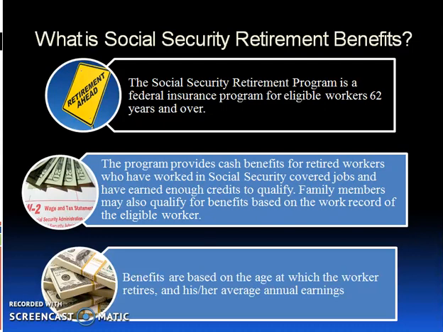Social Security benefits are increased if you delay receiving benefits until your full retirement age, which is typically 70 years old nowadays. If you are a government worker eligible for a pension benefit, the windfall elimination provision will reduce benefits, and we'll go into that in detail later on. All right, so let's move on.